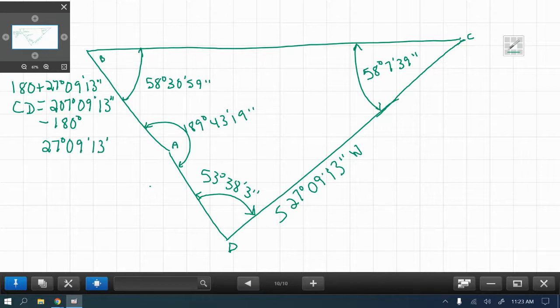I subtracted the interior angle first. Okay, so I'm right here. Now, can we subtract the 53, 38, 30 from this angle? This is the back azimuth right here, from D to C. Can I subtract?